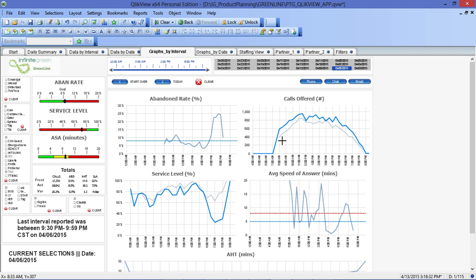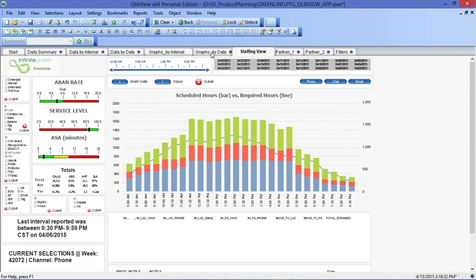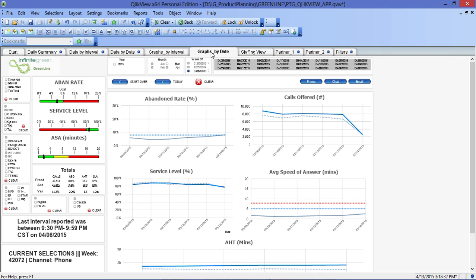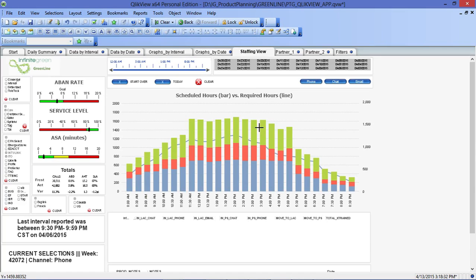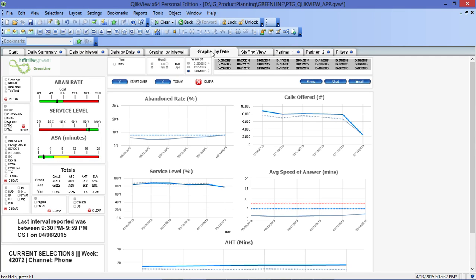So these results are a direct result of the calls coming in. This forecast here results in these calls coming in and being serviced in the way that they needed to be.